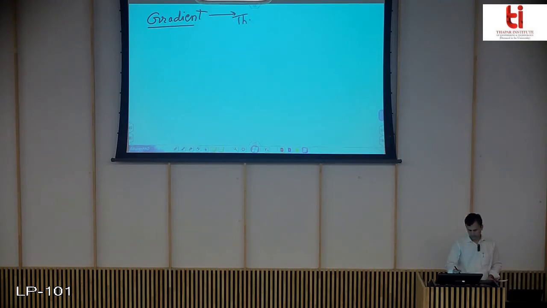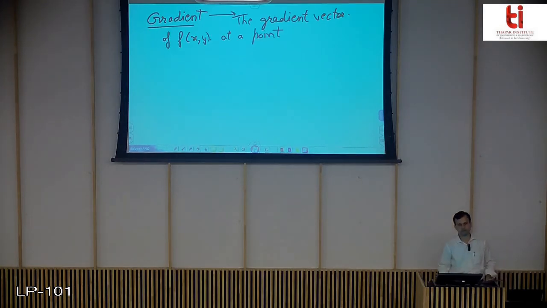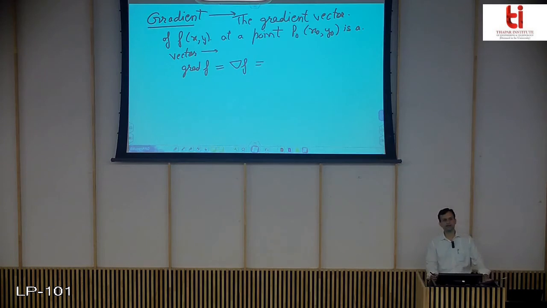The gradient vector of f(x, y) at a point P0, which is going to be used in the formula for the directional derivative, is a vector usually denoted by grad f or del f.